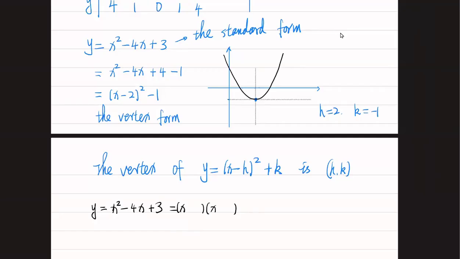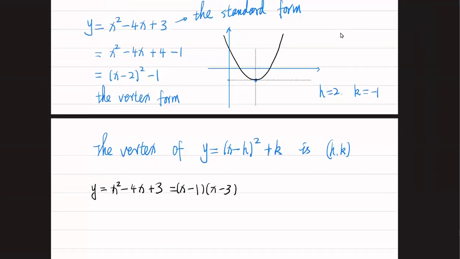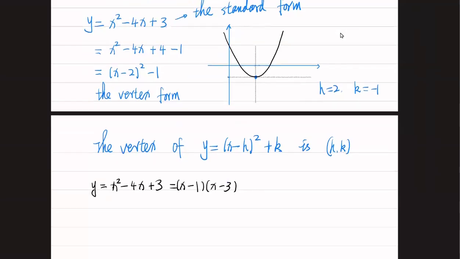Aaron, yes, x minus 3 times x minus 1. I'm going to reverse the order, but it's essentially the same. So in particular, we know that this will be 0 when x is 1 or 3.